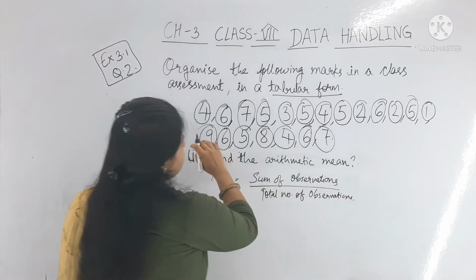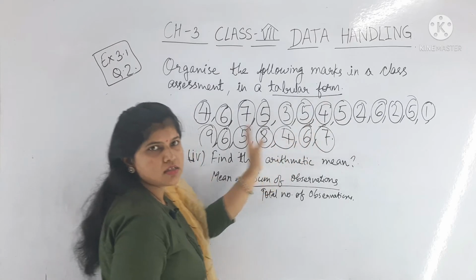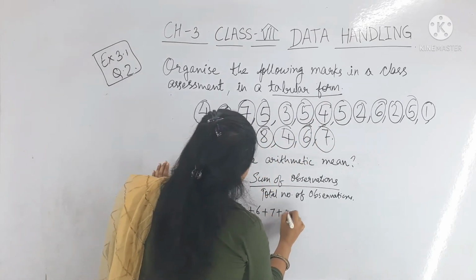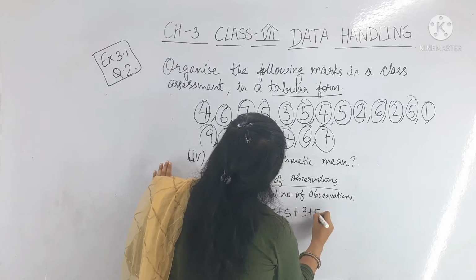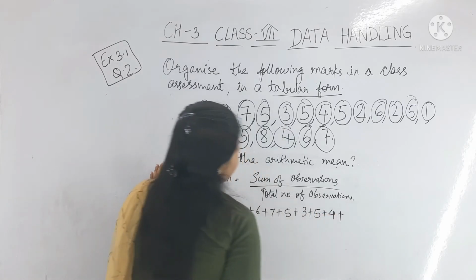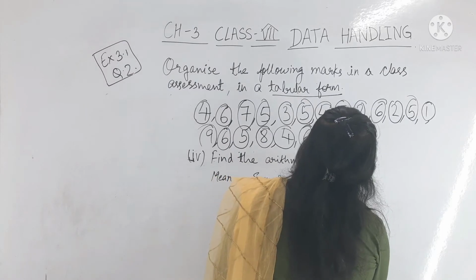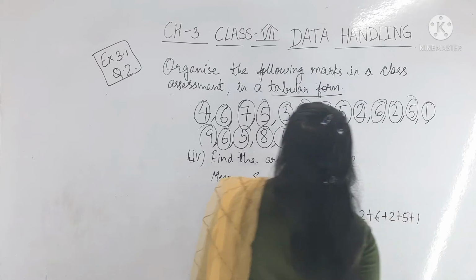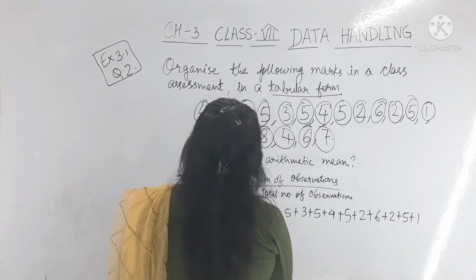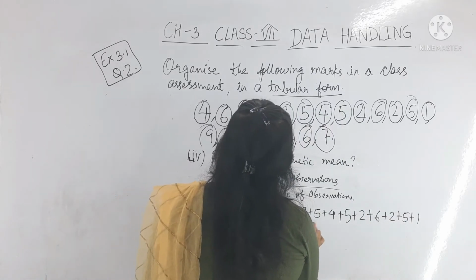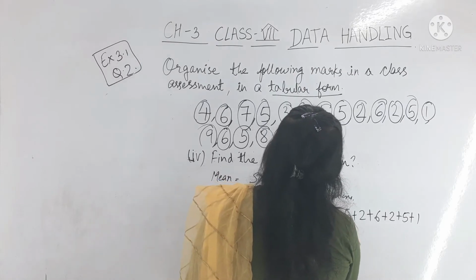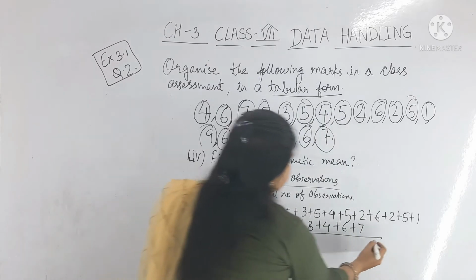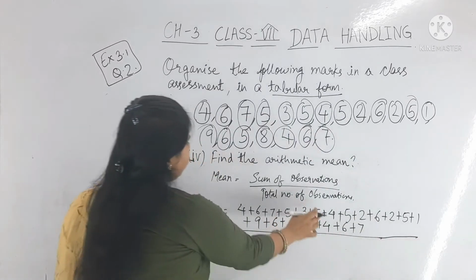You can see here you have to add this: 4 plus 6 plus 7 plus 5 plus 3 plus 5 plus 4 plus 5 plus 2 plus 6 plus 2 plus 5 plus 1 plus 9 plus 6 plus 5 plus 8 plus 4 plus 6 plus 7, divided by the total number of observations.